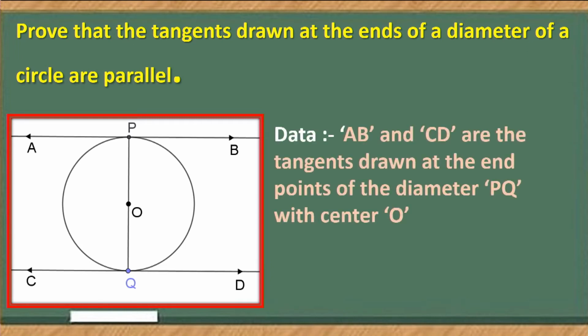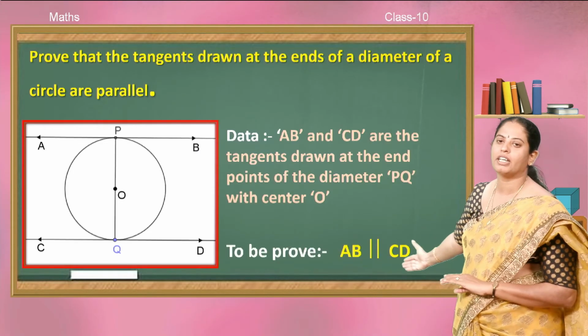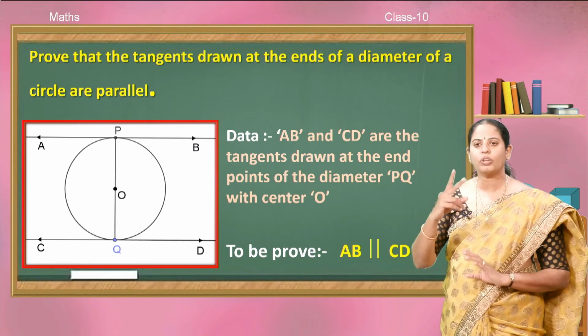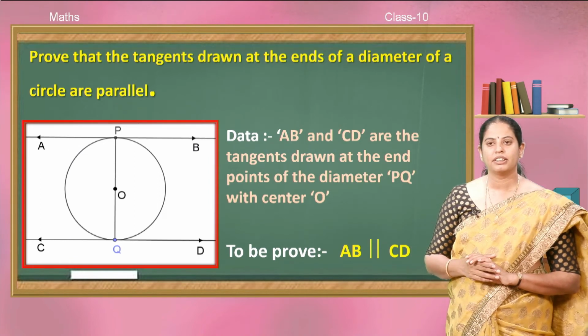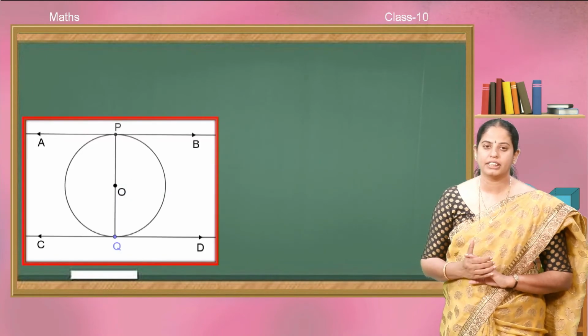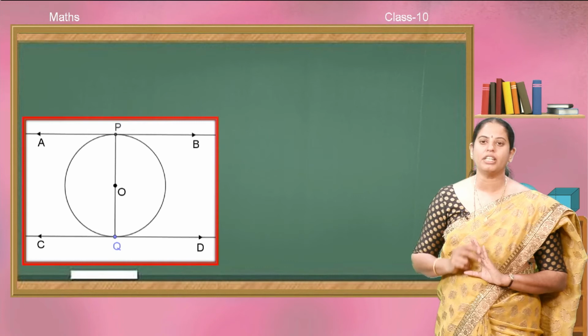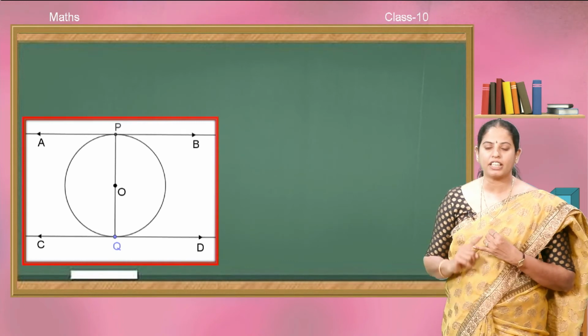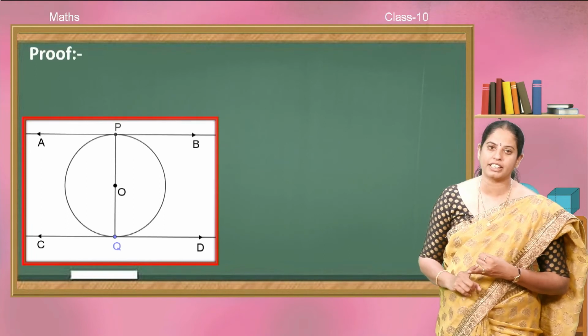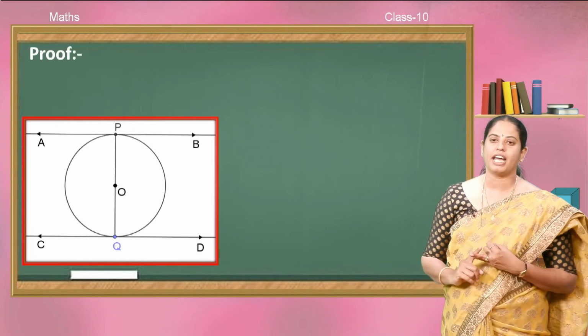Let us write the data. AB and CD are the tangents drawn at the end points of the diameter PQ with center O. We have to prove that tangent AB is parallel to CD. How to prove that two lines are parallel? In the previous standard, we have studied that two lines are said to be parallel if a pair of F angles, that means corresponding angles, are equal.